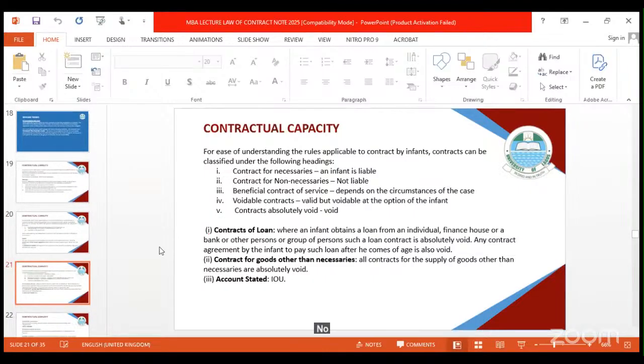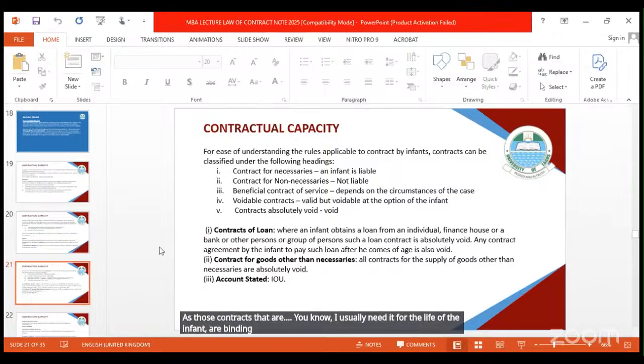Now, for the purpose of infant contracts, there are some contracts that are binding on infants, and they call them contracts of necessaries. Those contracts that are usually needed for the life of the infant are binding, like education, training, apprenticeship.